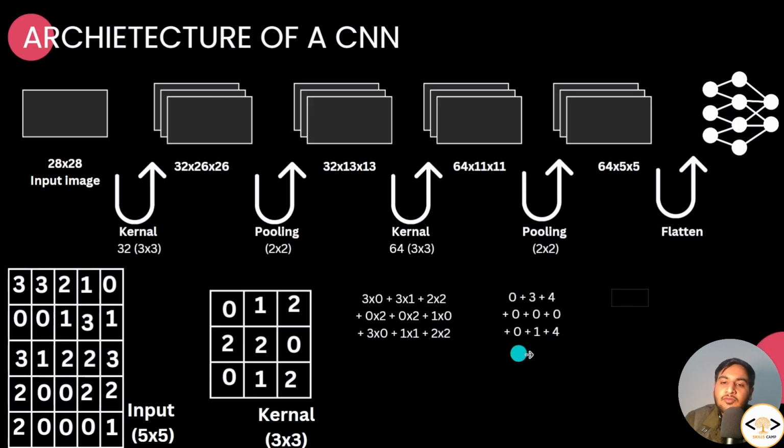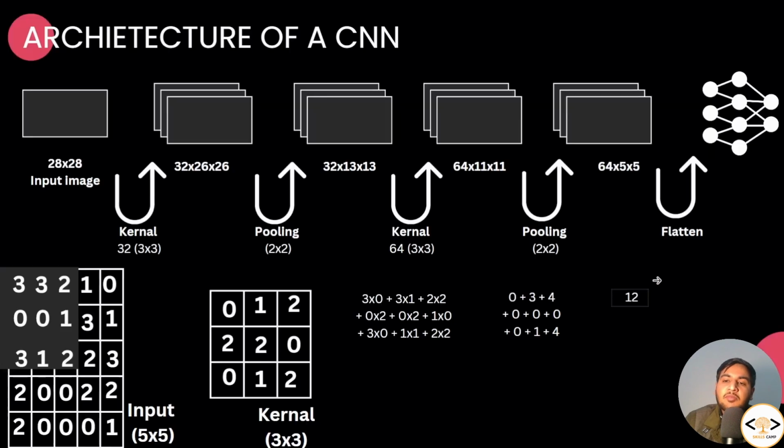Over here we are doing their summation, and it would be 12, the result of multiplying the first 3 by 3 matrix with this 3 by 3 kernel.